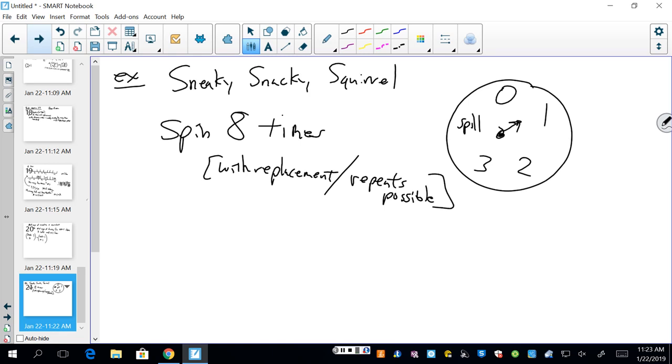And let's say you spin 8 times. How many sets of numbers are possible? So this is trying to express not keeping track of order, so unordered.